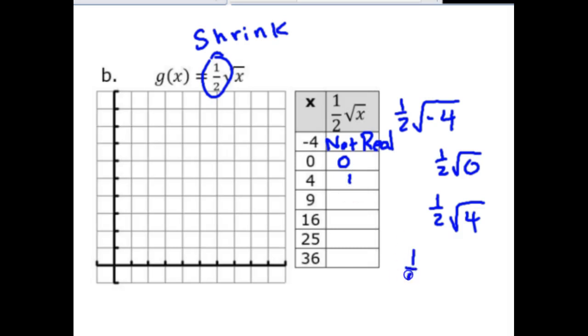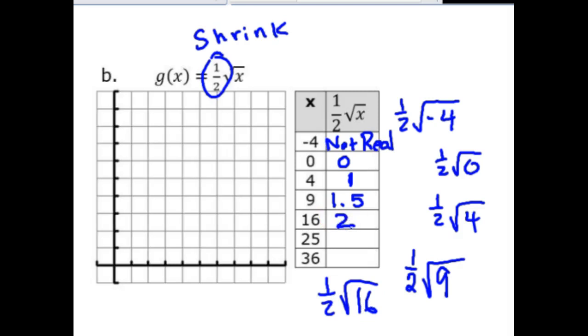And so then we have 1/2 the square root of 9. That is 3. What's half of 3? And then I have 1/2 the square root of 16. That is 4. What's half of 4?